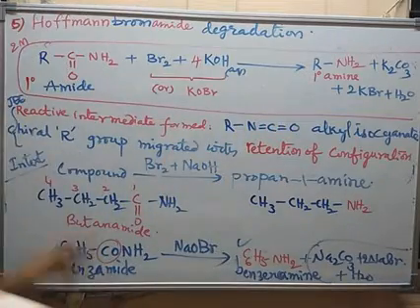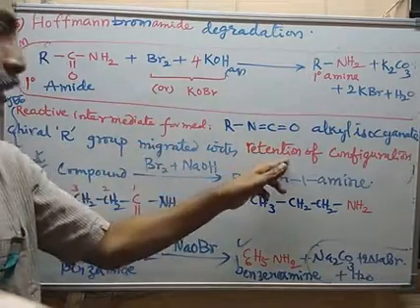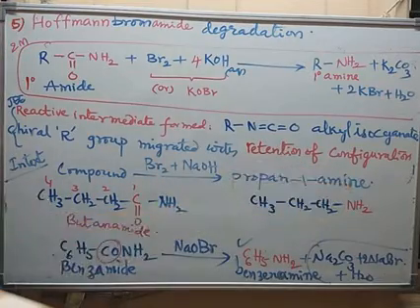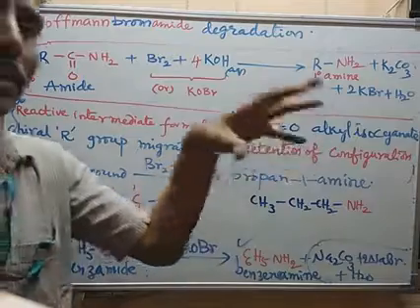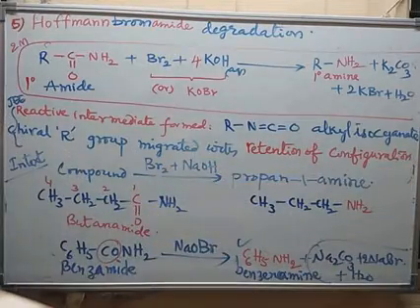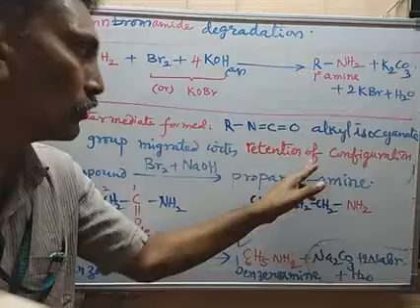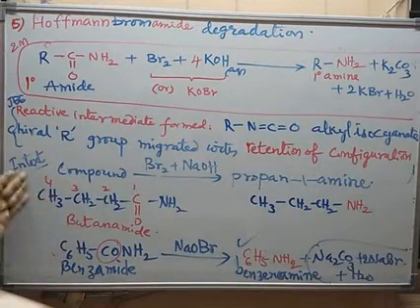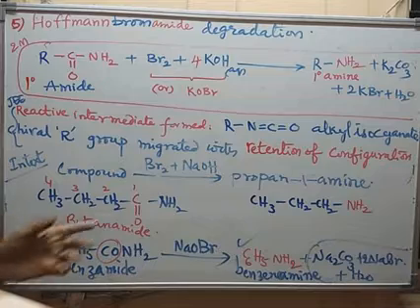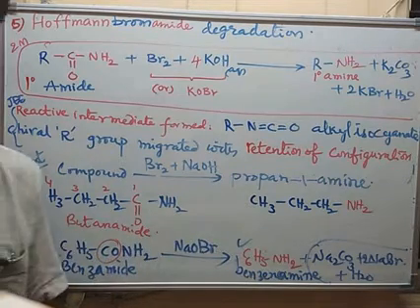Isocyanate. During the migration rearrangement in the mechanism, the alkyl group migrates without change in configuration. Without change in configuration is called retention of configuration. That is over. These are textual examples, these two, easy to answer. Thank you very much.